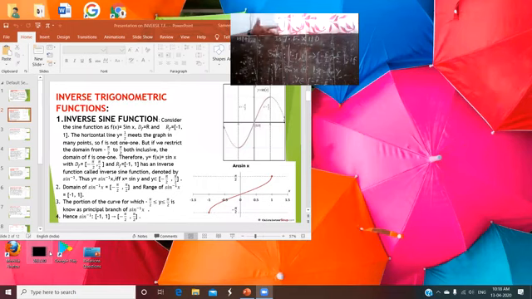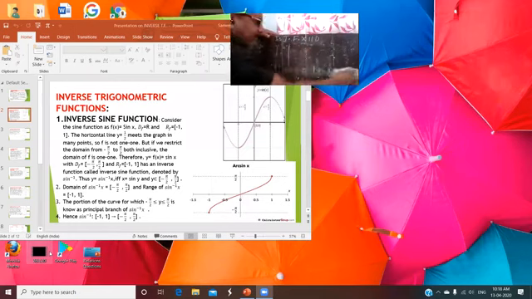Also, if you want to find the graph of sine inverse for the principal branch only, that means only for minus pi by 2 to pi by 2, the graph is given on your slide, the second figure. You see that only the coordinates of the points are interchanged. How do you draw the graph of sine inverse x?